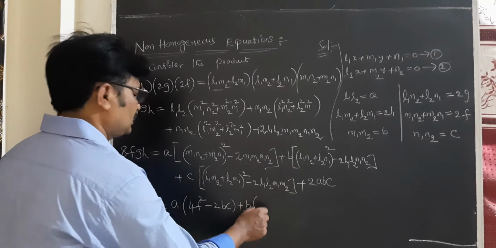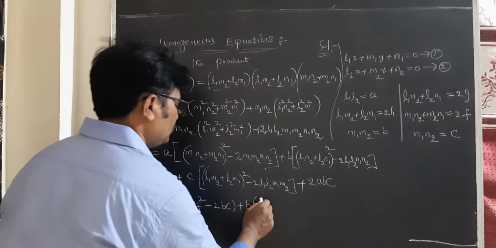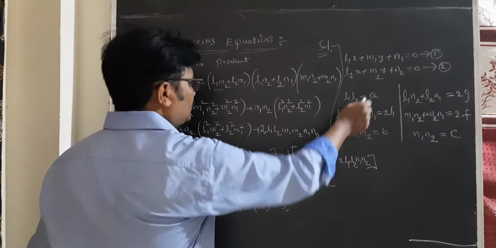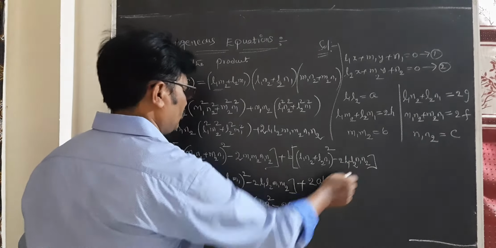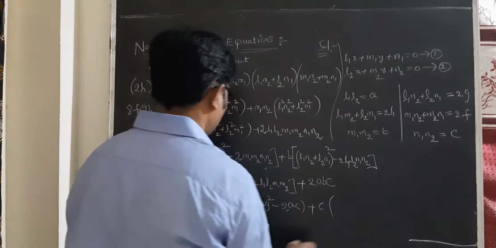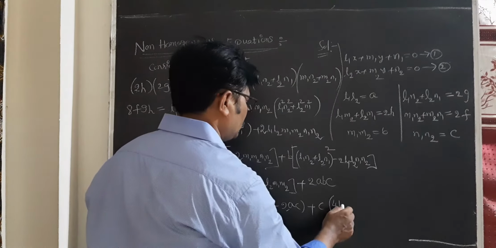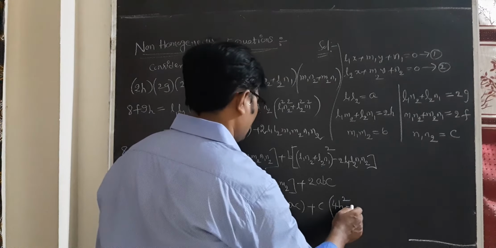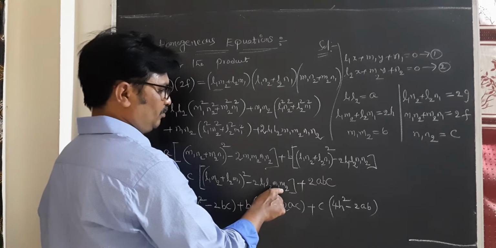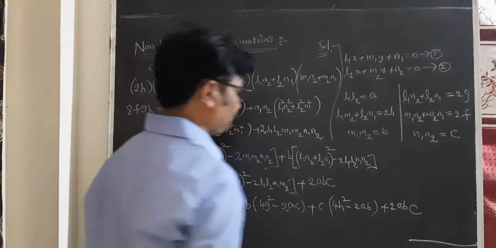After that students, b into L1 N2 plus L2 N1 is the 2g. 2g whole square is 4g square minus L1 L2 which is small a, N1 N2 is the c. After that, c into L1 M2 plus L2 M1 is the 2h. 2h whole square is 4h square minus 2ab. L1 L2 is the a, M1 M2 is the b. And the last is 2abc.